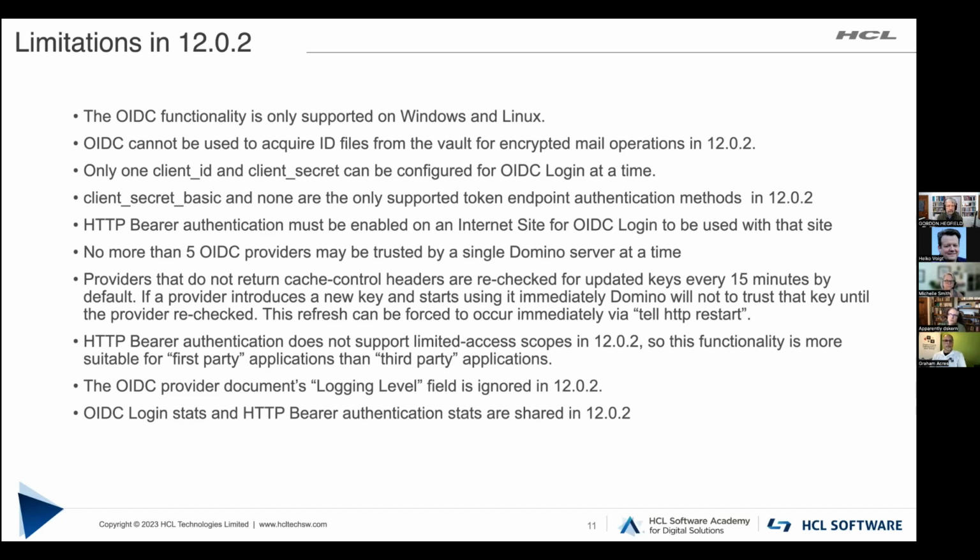The user having access to all of their data is one thing. A third-party web server having access to all of the user's data is another. And so we placed that scope, and it is a mandatory scope, simply to ensure that any administrators who are configuring that functionality are fully aware of exactly what they are doing, that they are making this token valid for all of this user's access to this Domino server.